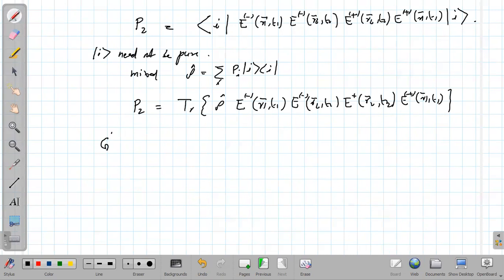So this G2(R1 T1, R2 T2) you can write in two ways.